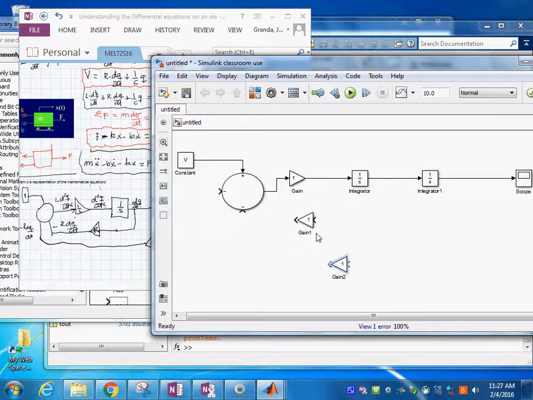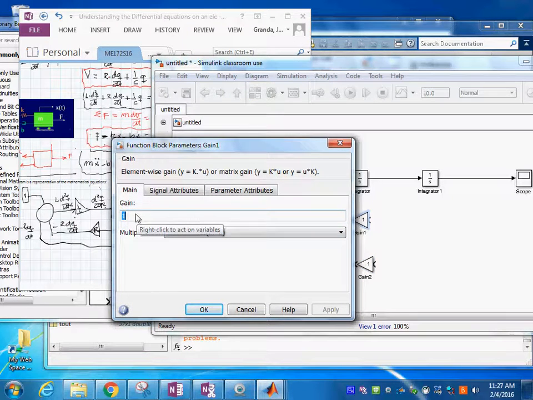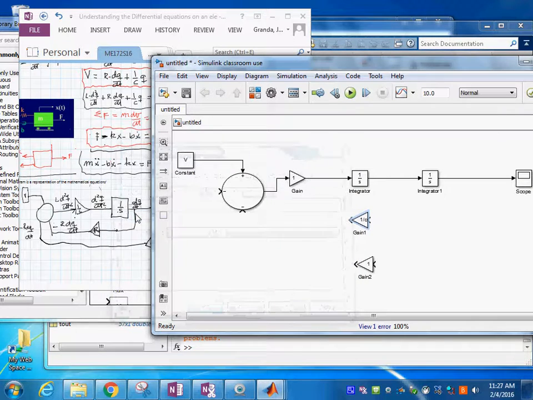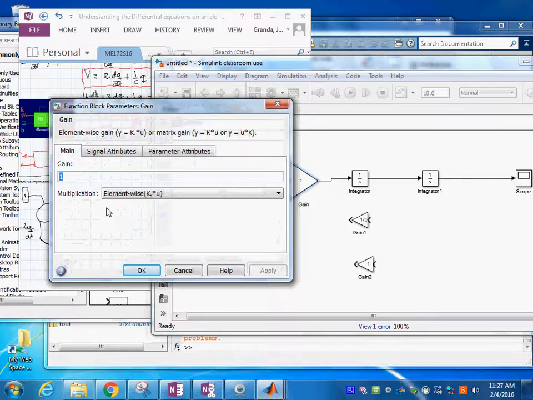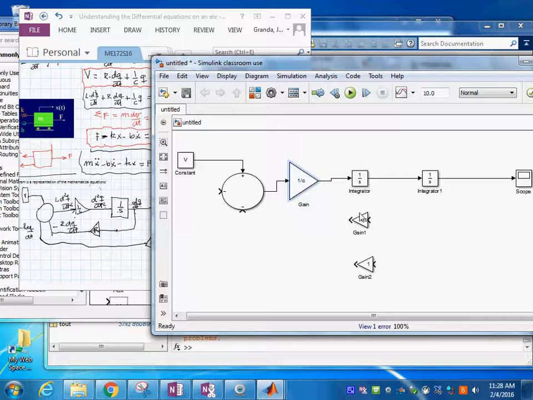There we go. So in here, you have just what was 1 over C. One over C. And then this other one will be connected here and then over here, and this one connected here, and then this one connected over here.